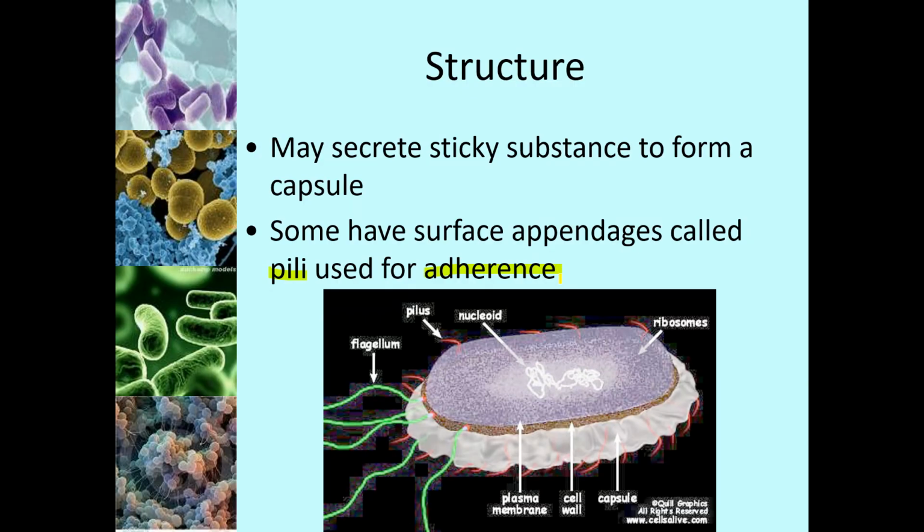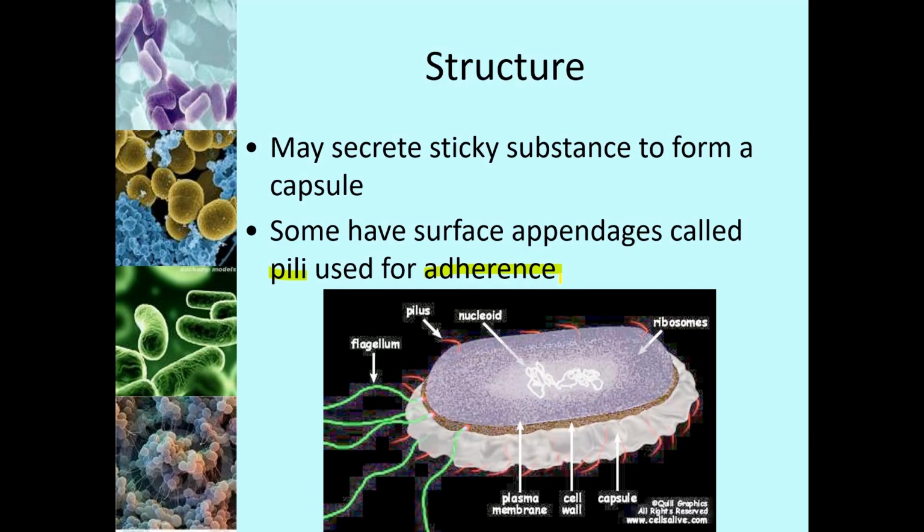And I want to point that out because pili look very similar to cilia on a eukaryote. Now, I'm not going to say that it doesn't exist, but I have never heard of a bacteria having cilia, okay? As far as I know, cilia is a eukaryote thing, okay? Now, both prokaryotes and eukaryotes can have flagella.